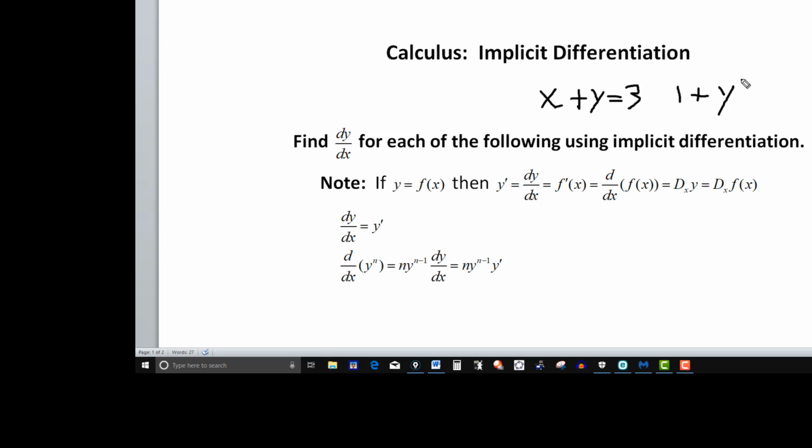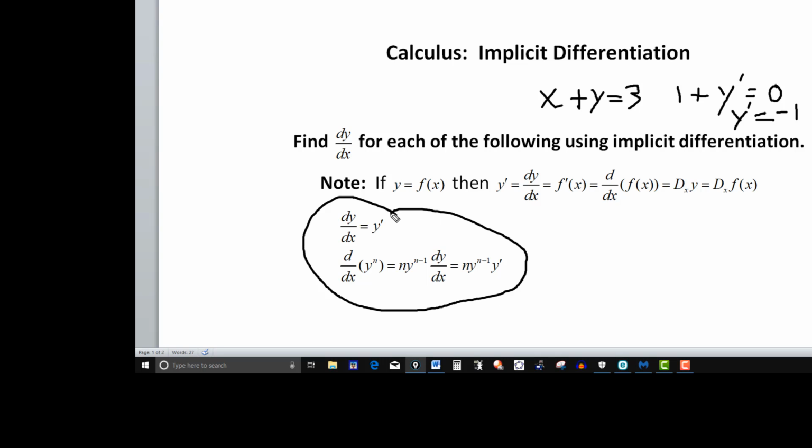And the derivative of 3, that's a constant, that'll be 0. So 1 plus y prime equals 0, and solving it will give you y prime equals negative 1. But this is basically what you would do when you're computing the derivative using implicit differentiation. You're treating y as a function of x, so you're applying basically your power rule, and it's going to look like this.